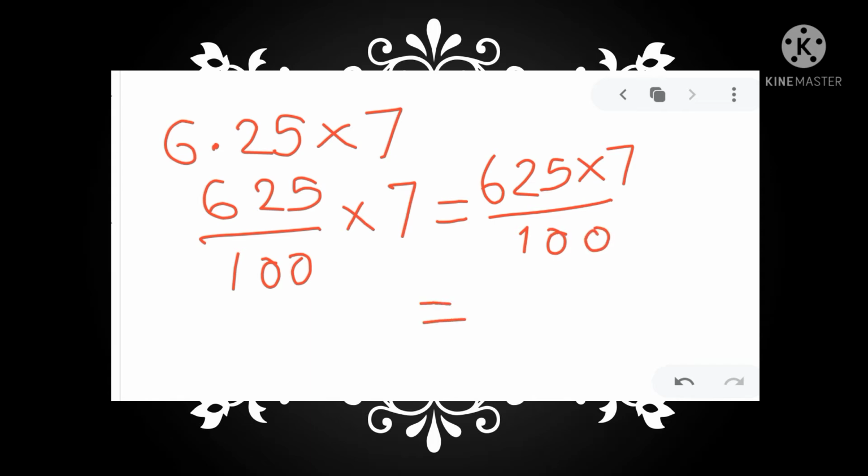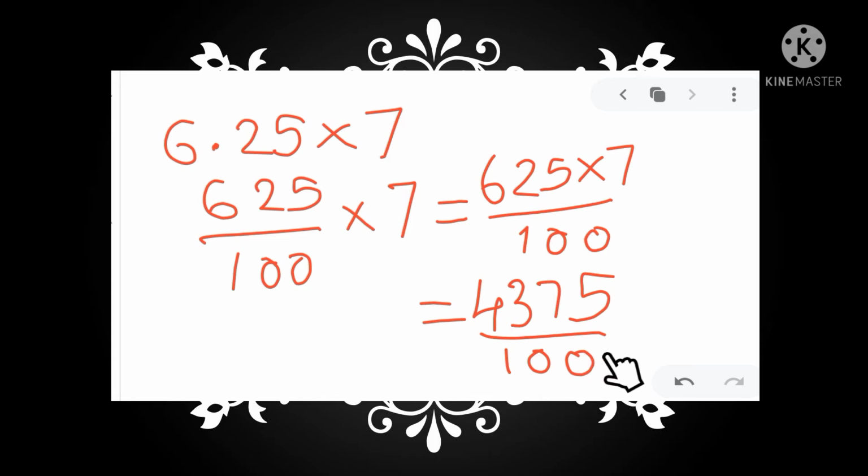This can be 4375 by 100. Since the number is divided by 100, we want to write the number as 43.75. In this question, the total number of decimal places in the question is 2. The answer also contains 2 decimal places.